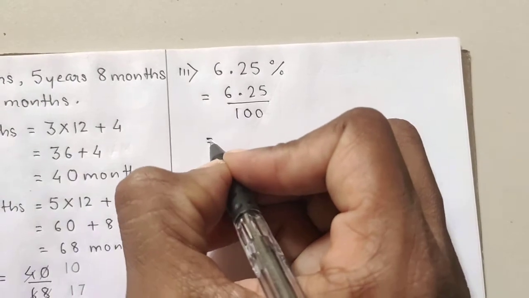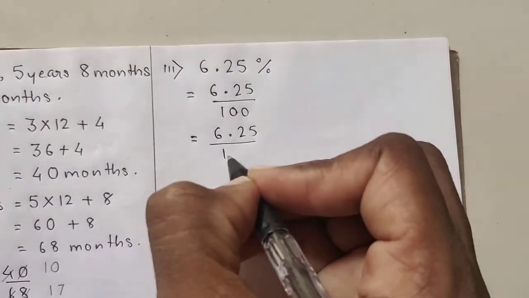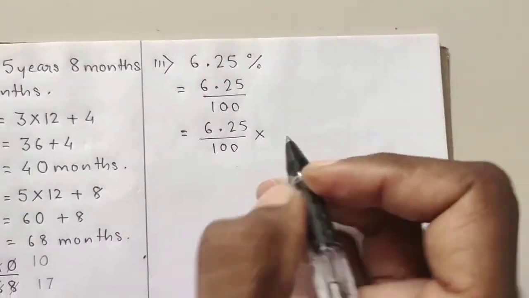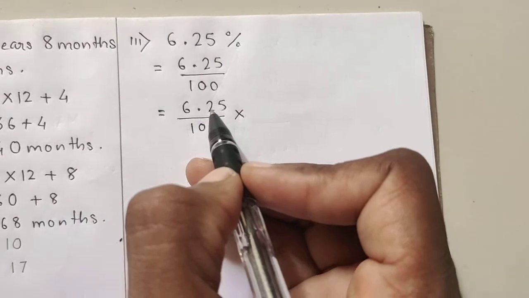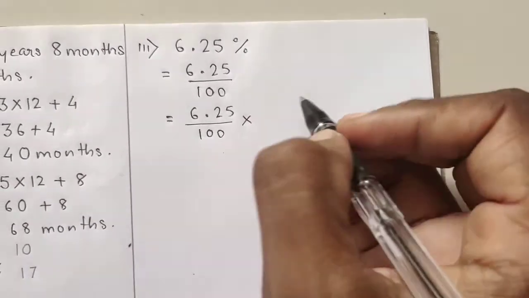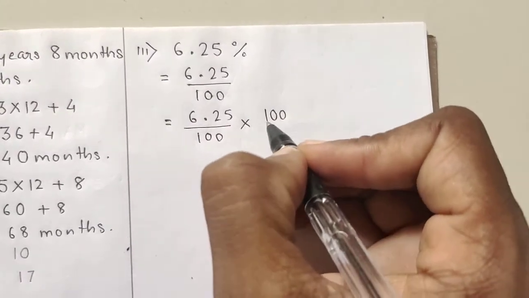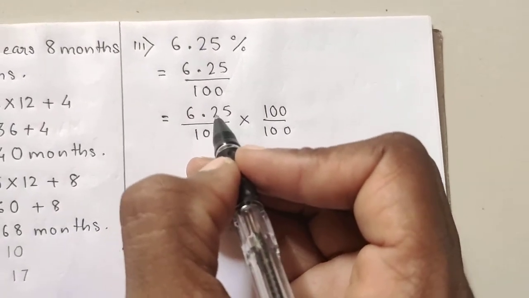In the next step, we are going to remove this decimal point. For this you can see how many decimal digits are there: 1, 2. After 2 digits you can see the point. So you have to multiply and divide by 100, because 2 digits are there after the point.